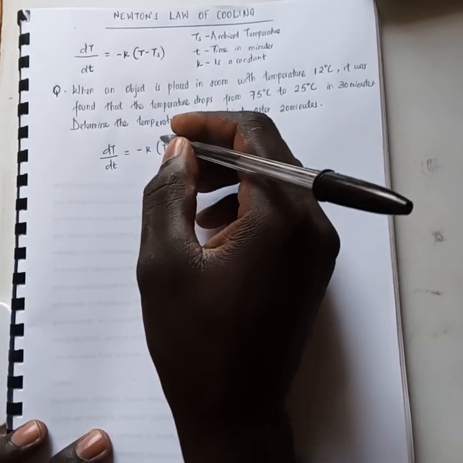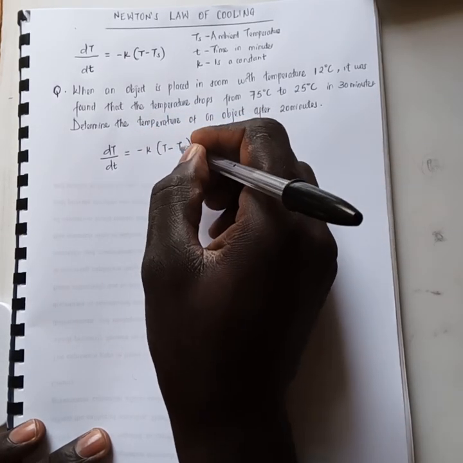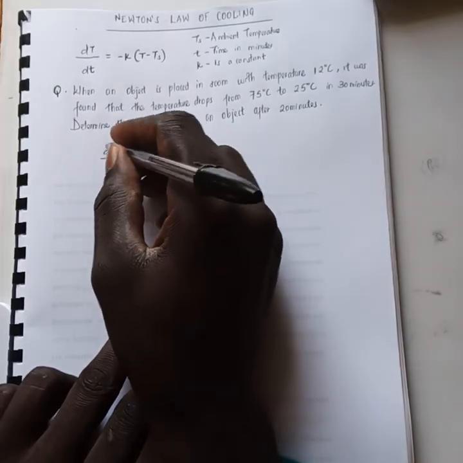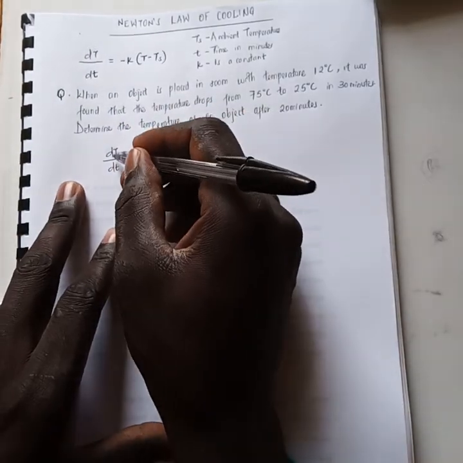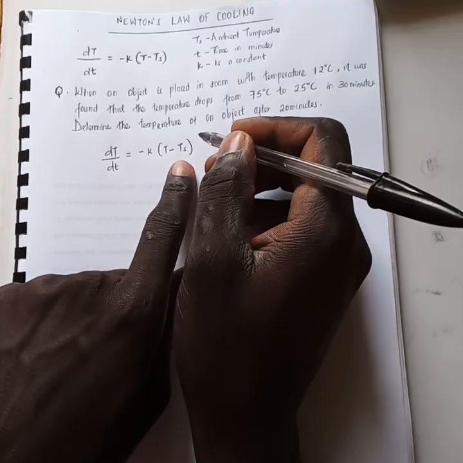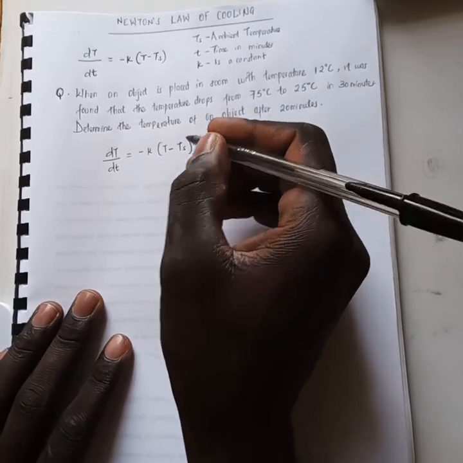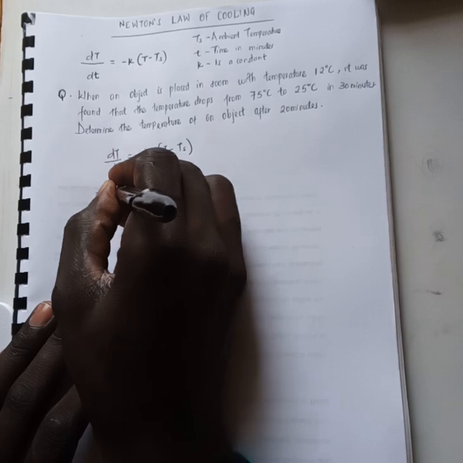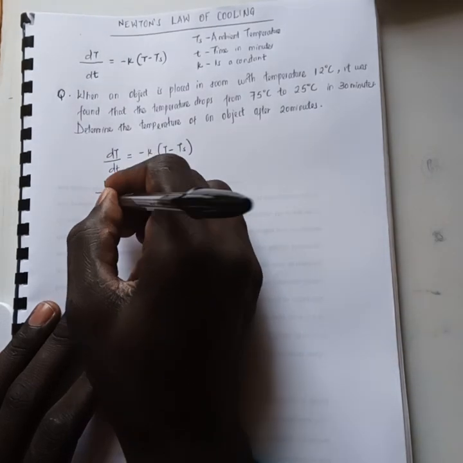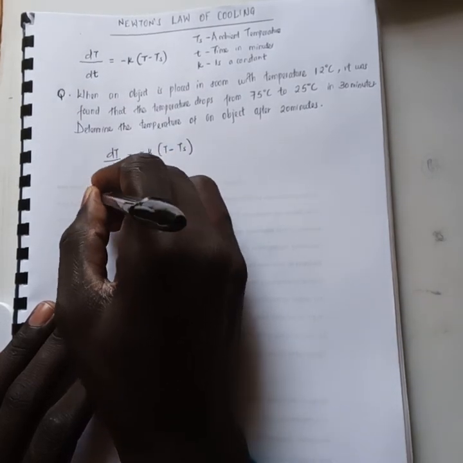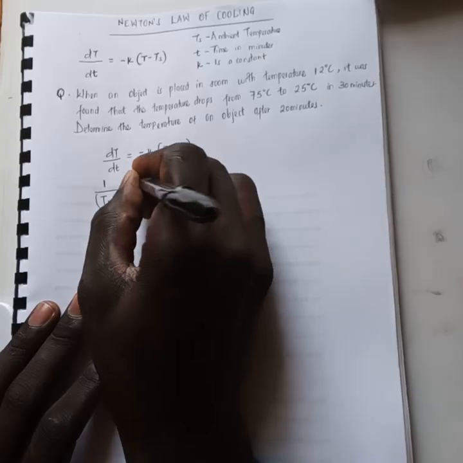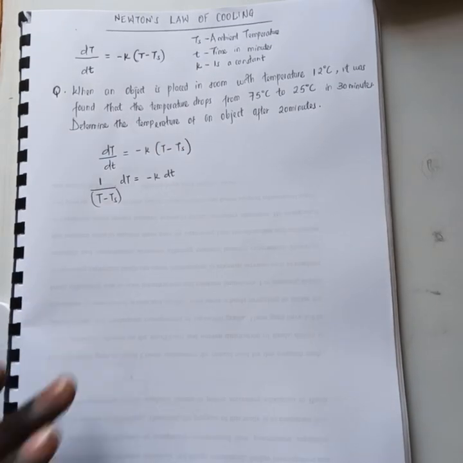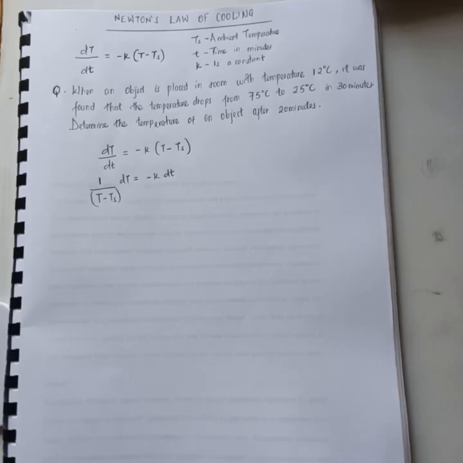We are going to separate the variables, because dT is a change with respect to the temperature, which is in uppercase. So we divide both sides by those factors, and we have 1 over (T minus the ambient temperature) dT equal to negative k dt. We have separated the variables.